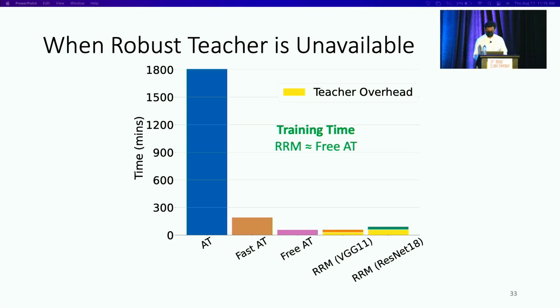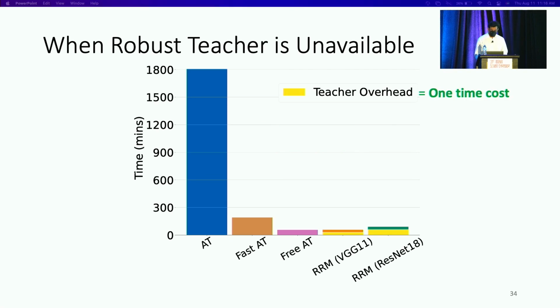What we show is that RRM can be used to accelerate the process of robustly training the new architecture even in this scenario. The way we do this is by adversarially training a small network like VGG11 as the teacher and then transferring its robustness to a larger network like ResNet50. In this graph, we have added the teacher overhead to the total training time of the classifier for RRM. And as you can see, even on including the teacher's overhead, RRM is about as fast as free adversarial training.